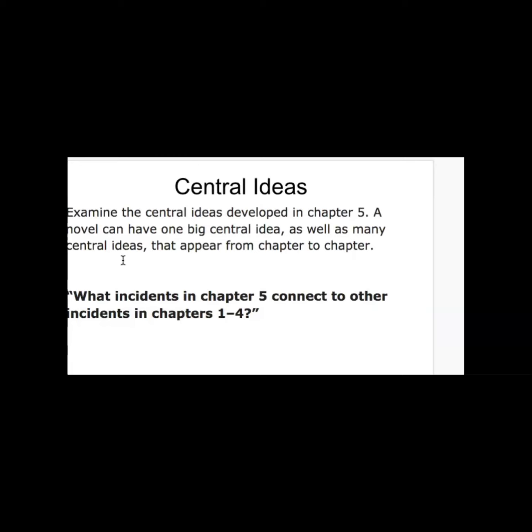We know that this book is about war, but it's also about isolation and fear and death and family. All of those things are ideas. So you may have different central ideas that appear from chapter to chapter. So I want you to answer the question, what incidences or events in Chapter 5 connect to the other incidences that have happened in chapters 1 through 4?